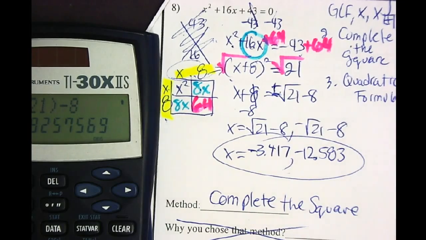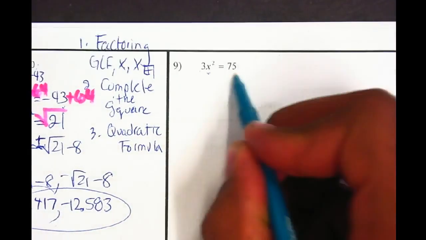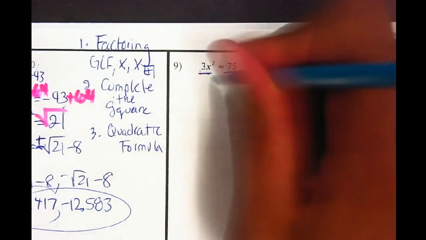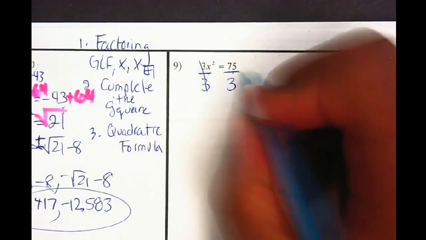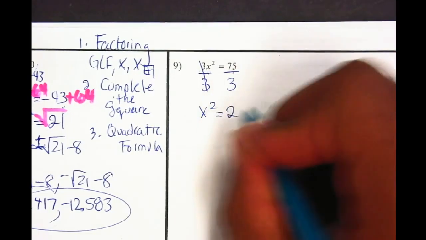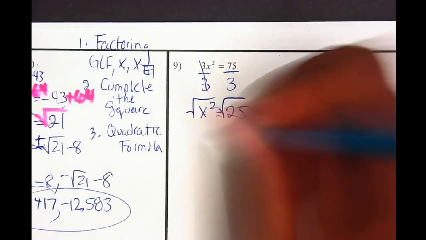Okay? So now the next one. The next one, we see that we've got a number over here and a number over here. Well, what I could do is I could just divide that by 3, divided by this number, and that gets rid of that. And then 75 divided by 3 is 25, and then I could just take square root of both sides.